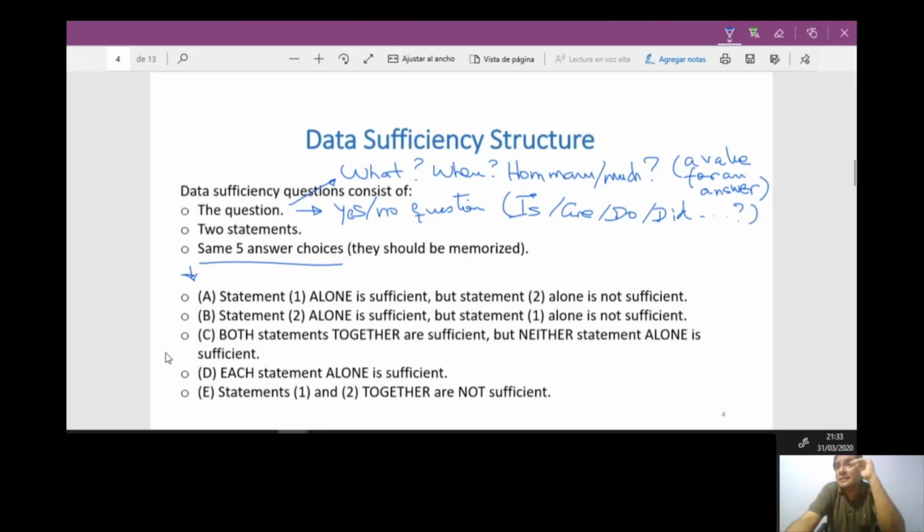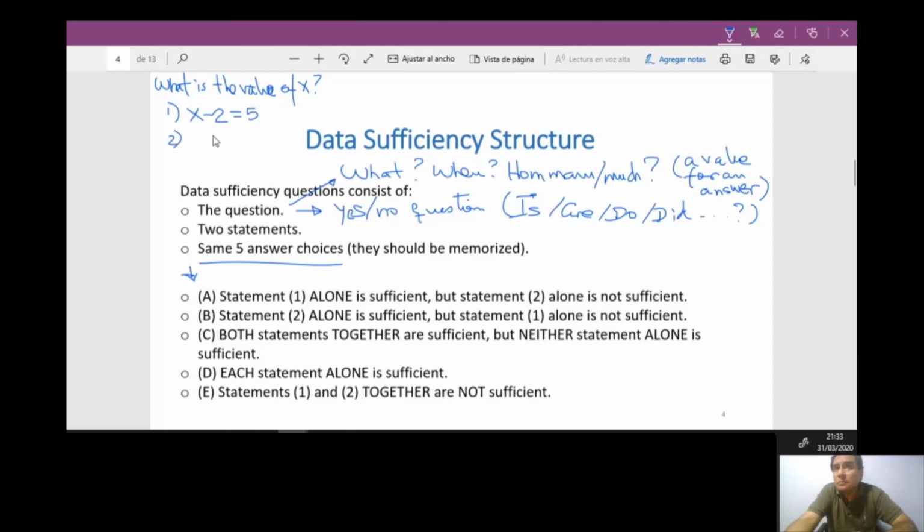The first one says statement 1 alone is sufficient, but statement 2 alone is not sufficient. Take this for example. Take this simple question. What is the value of x? If this is the question, statement 1 could be x minus 2 equals 5.